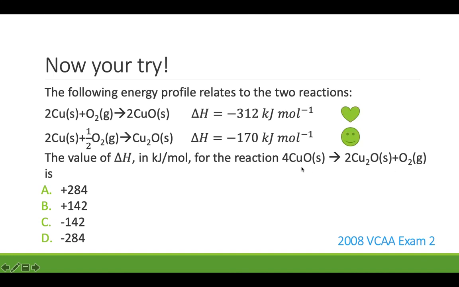Now let's label these two and do a simple mathematical manipulation. You realize the overall reaction is simply the reverse of the first reaction, plus the second reaction multiplied by 2. And then you cancel out the same things on both sides of the equation, you will get the final equation. So you only need to do the same thing for delta H. Yeah?